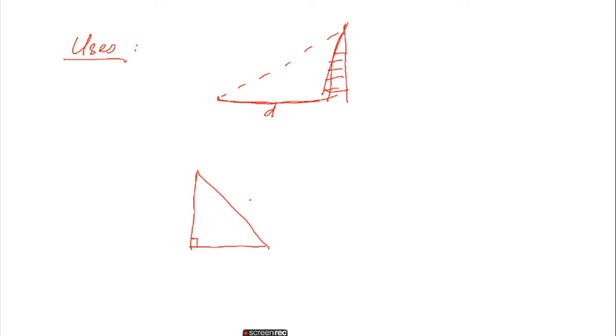The side opposite to the right angle is always called hypotenuse. Then base and altitude. If you take this as base, this is altitude. That can be reversed. You can take this as base also. Then this has to become altitude. But hypotenuse cannot be changed.